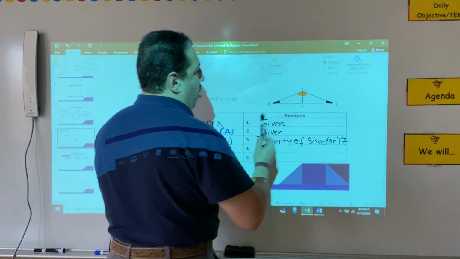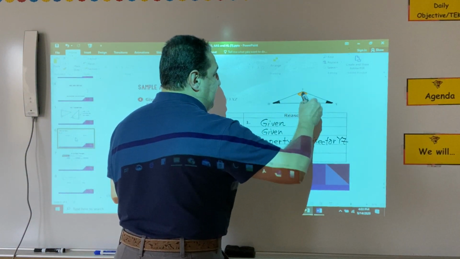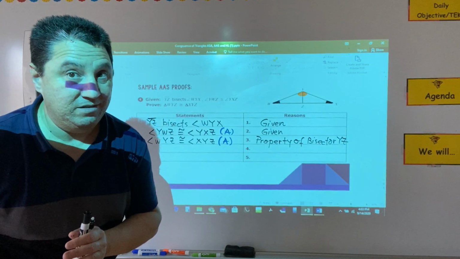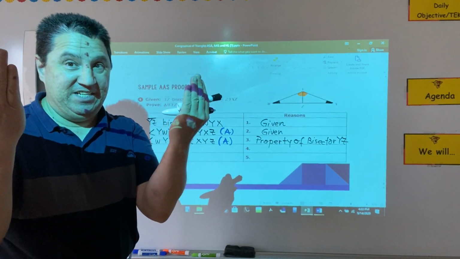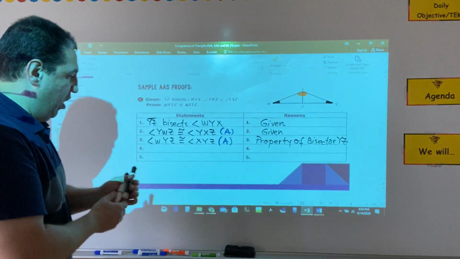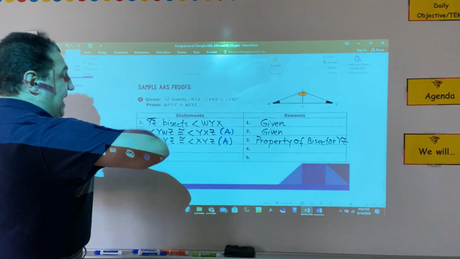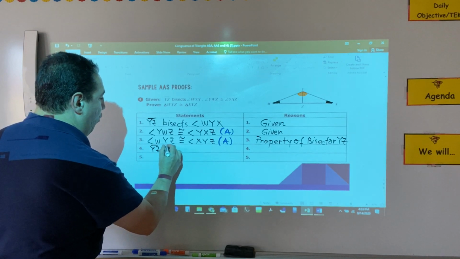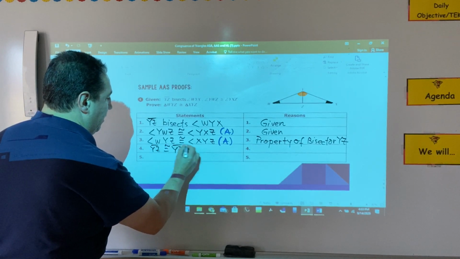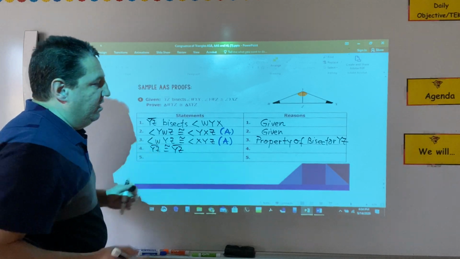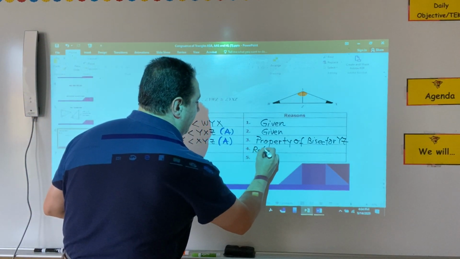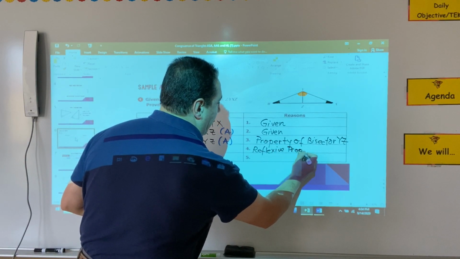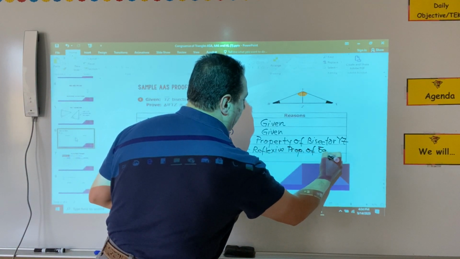For example, we see YZ is a common side for both these triangles because it is shared by both. So we can say side YZ congruent side YZ because it's a common side, by the reflexive property of equality.